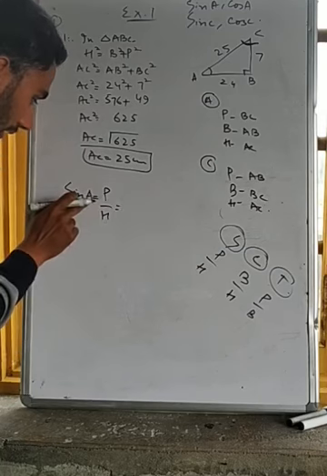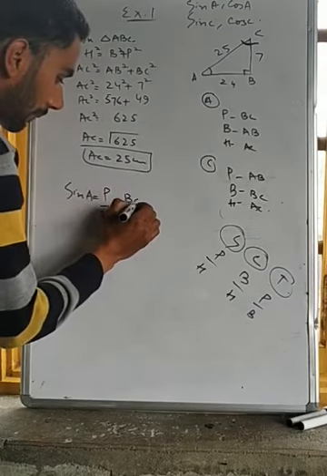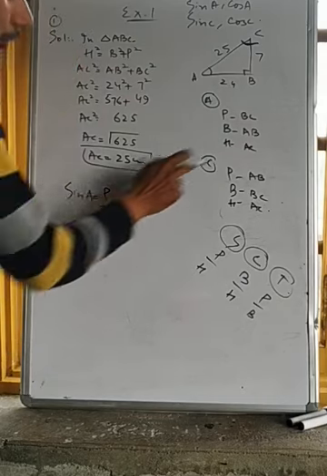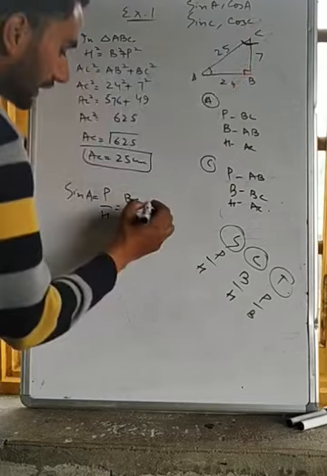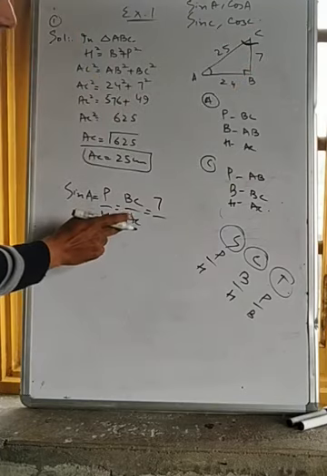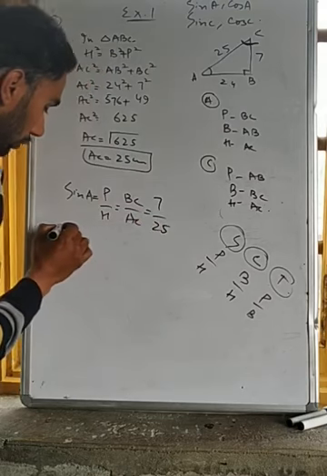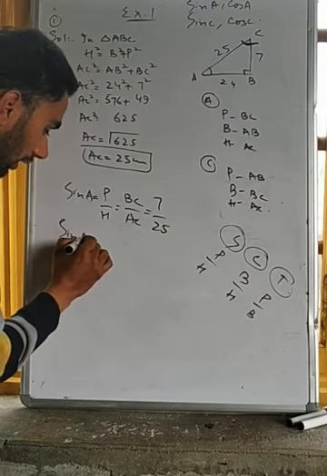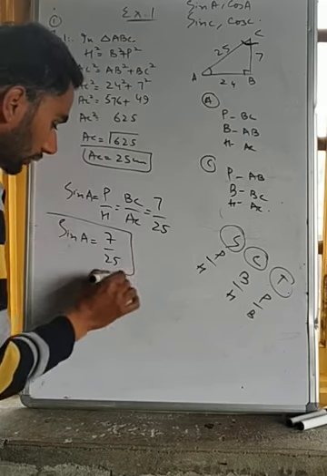For angle A, perpendicular is BC and hypotenuse is AC. BC is given 7 centimeter and AC is given 25 centimeter. So sine A is equal to 7 divided by 25, which we were asked to find.